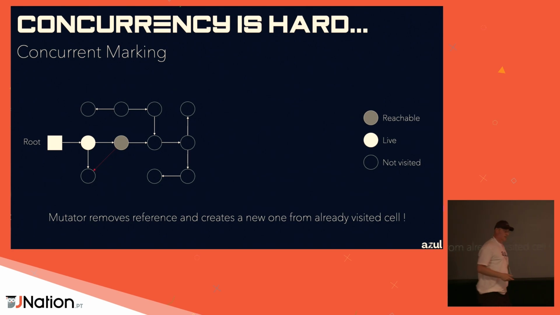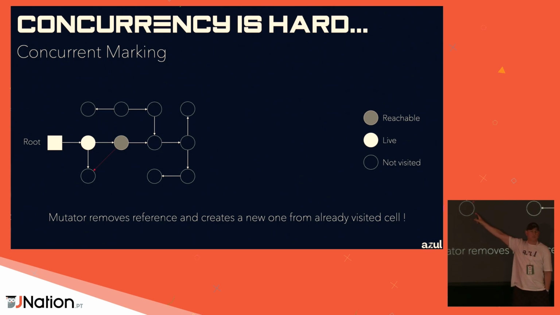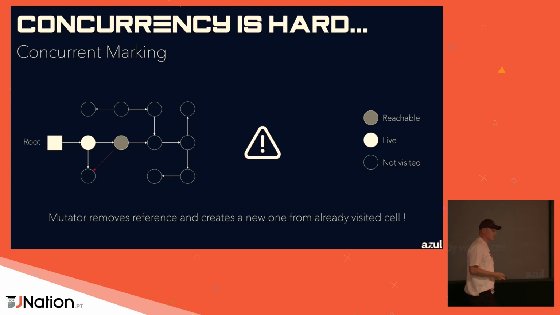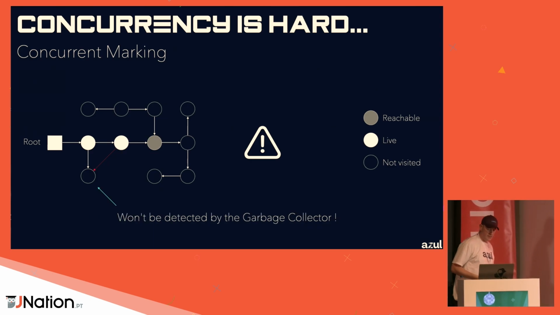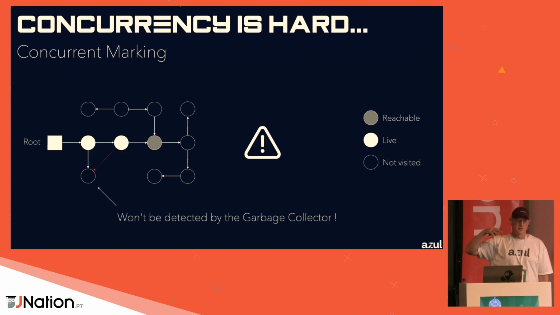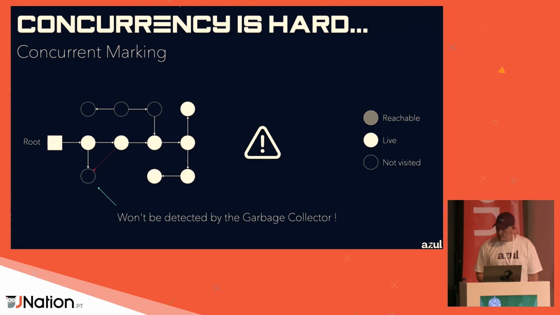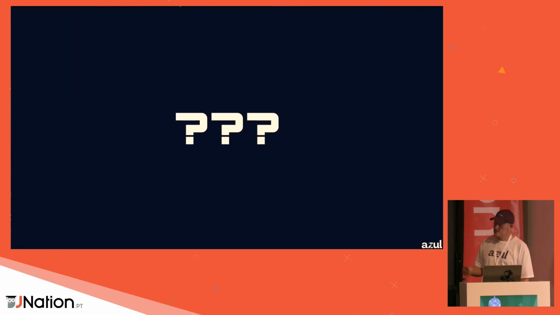Because it passed this cell already, the collector won't detect this one if we don't do anything. It continues, and then at some point, it will remove this cell because it doesn't know it's a live cell. So if everything's marked, then we have the problem.